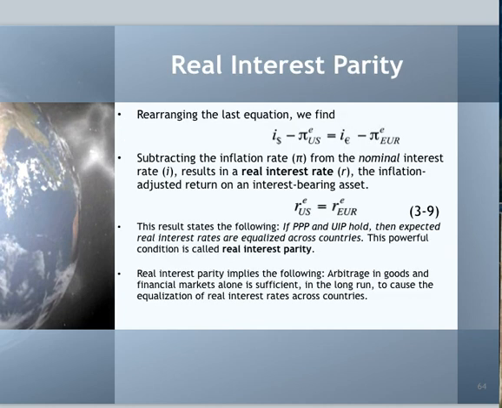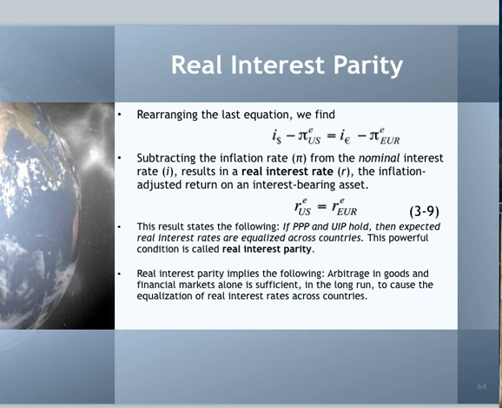Now we're just going to rearrange these terms and have the United States values on one side and the euro values on the other side. So if we take the interest rate and subtract off the expected rate of inflation, we can set that equal to the interest rate in the euro area minus the expected inflation rate in Europe.